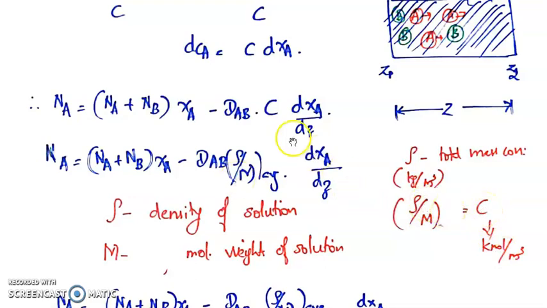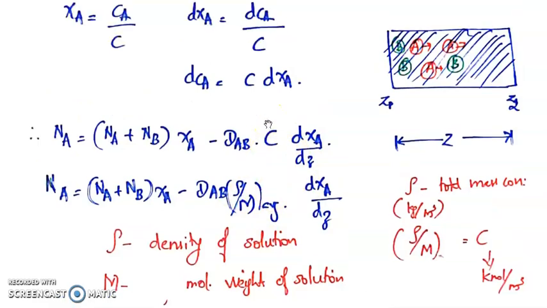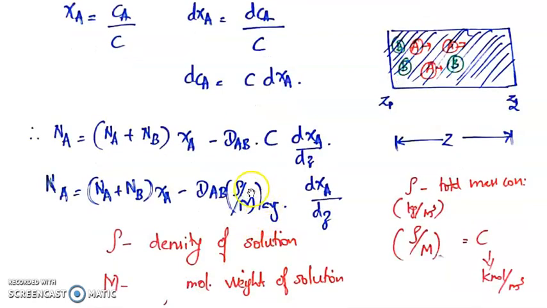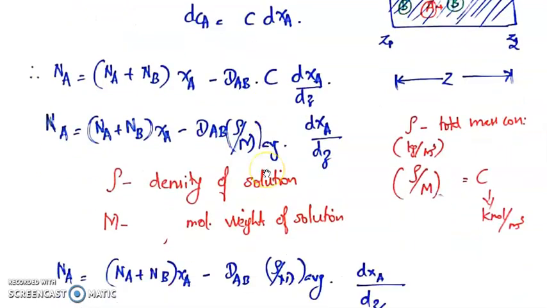So I can substitute C with rho by M. But if you see here, I have used the term average here because in order to solve this differential equation, I'll be assuming C to be a constant. In reality, the value of C will be different at different locations because the concentration is different. So let us take the average value, to justify the assumption that C is a constant.